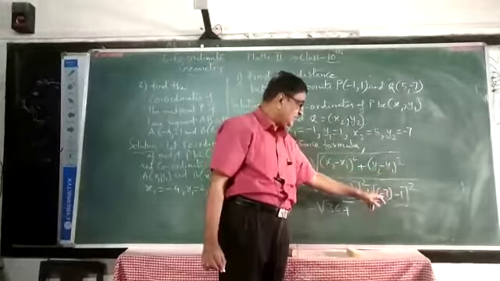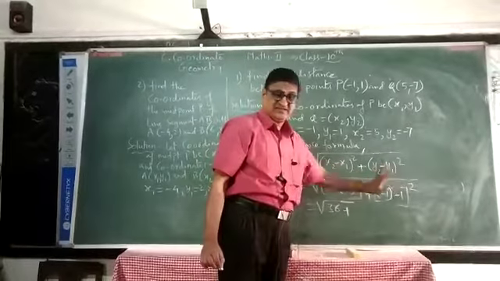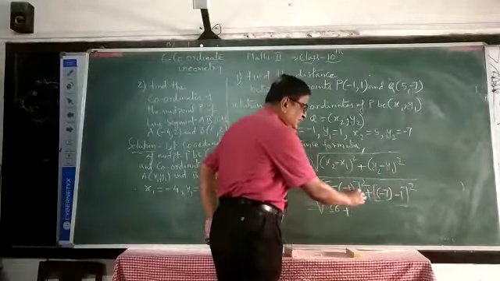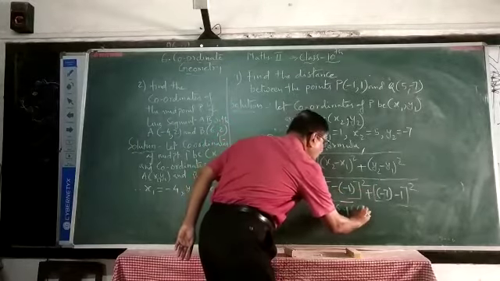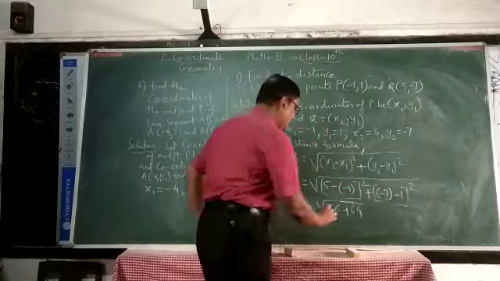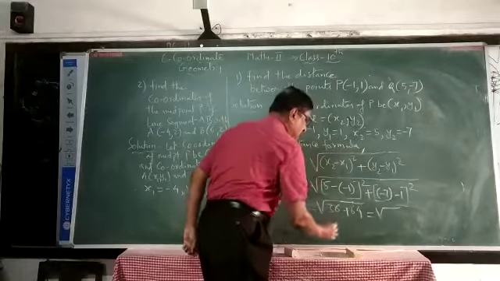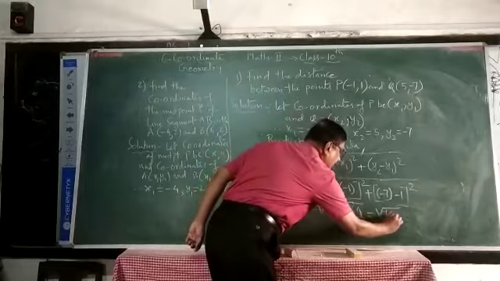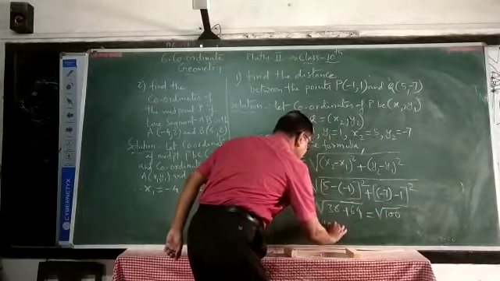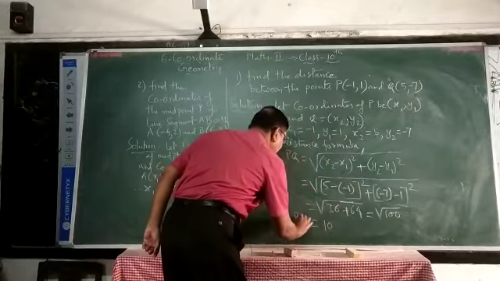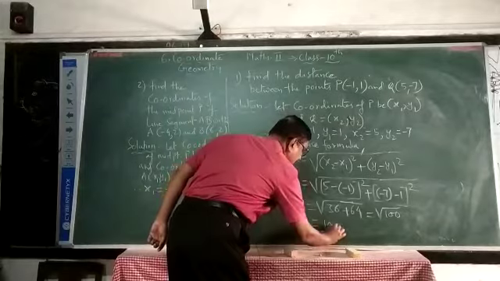Always remember, the square of minus is always plus. So 8 8s are 64. So here it is square root of 36 plus 64 is 100. So square root of 100 is 10. So distance between PQ by using distance formula is 10.